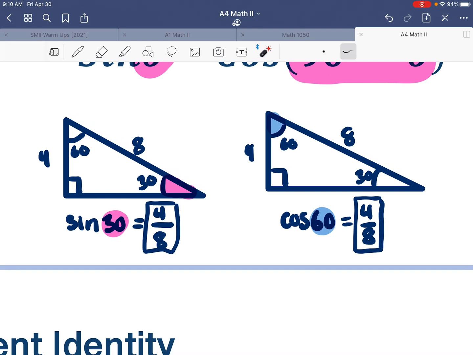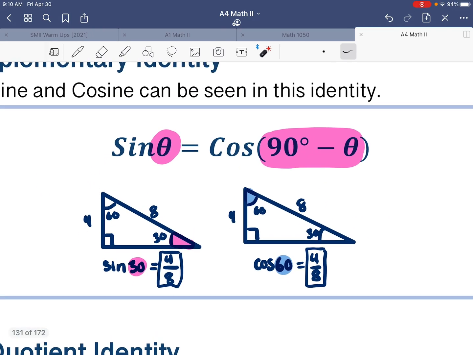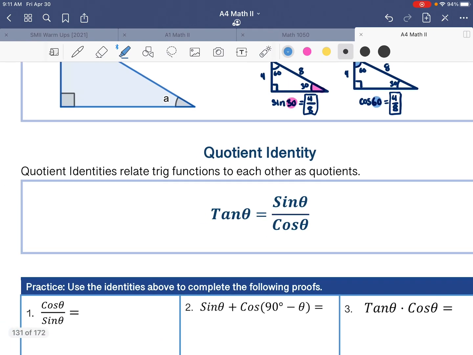We're just looking at the same values, but using different trig functions and the complementary angle to find them. So sine of an angle is equal to cosine of the complementary angle. Maybe I will highlight this in blue so that we can tell what's happening here. There we go. So that is the complementary identity.